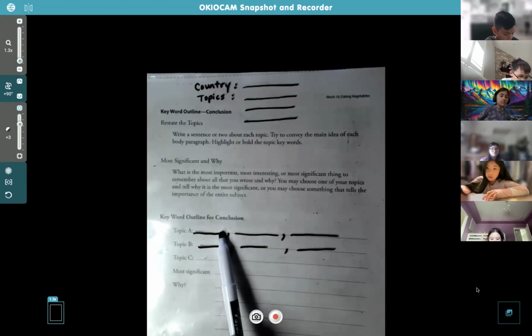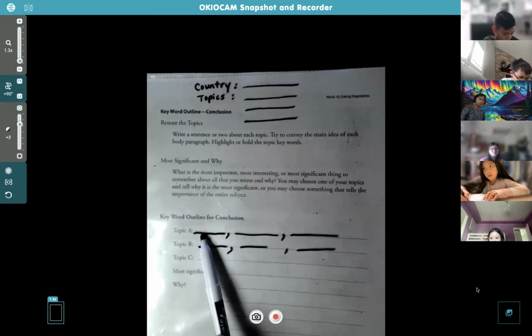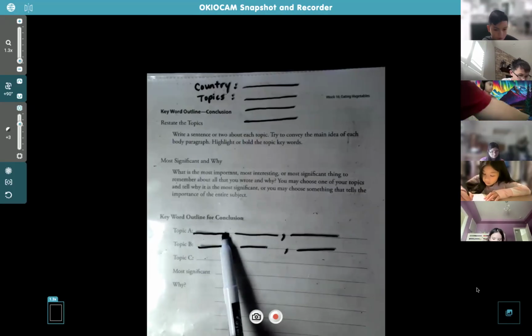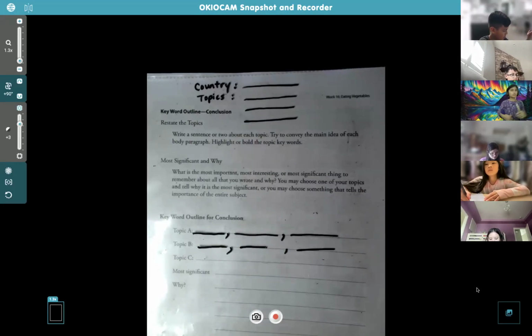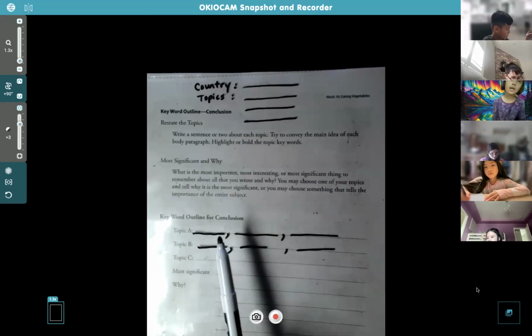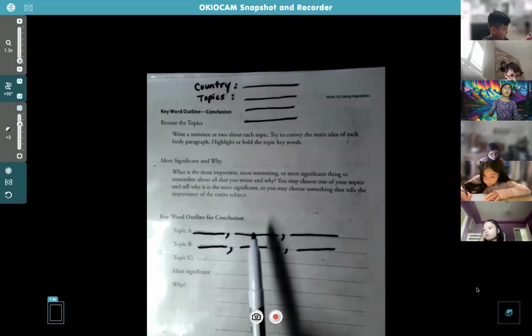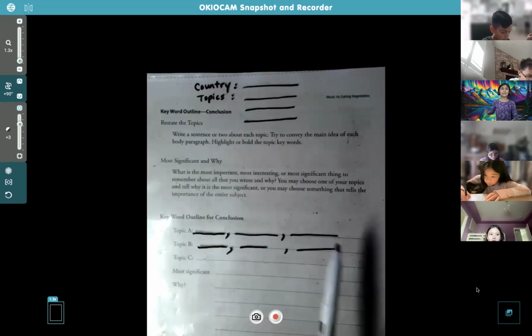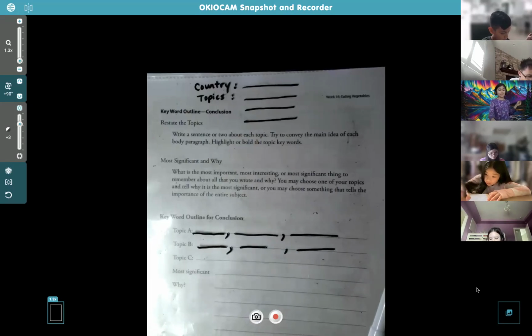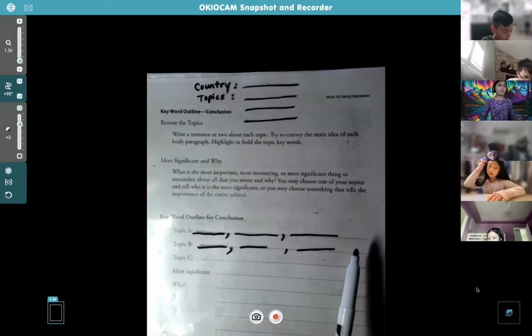So for Megan, your first one was geography. So you would put geography here, and then 2 more words that describe the geography in Ireland. You would just put geography and maybe green hills, something like that. Okay. Or mountains.